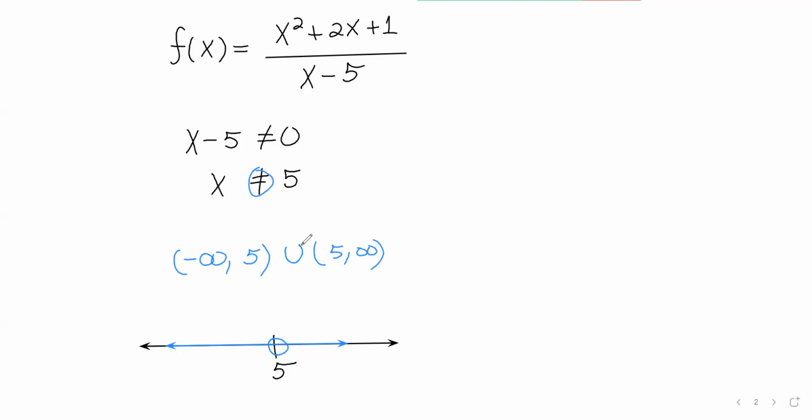That symbol U is called union. I think of it as a comma when I list all my intervals. It means the word or. I'm shading this region of the number line, or my values of x could be this region on the number line. Notice the parentheses indicate that I cannot exactly equal 5.